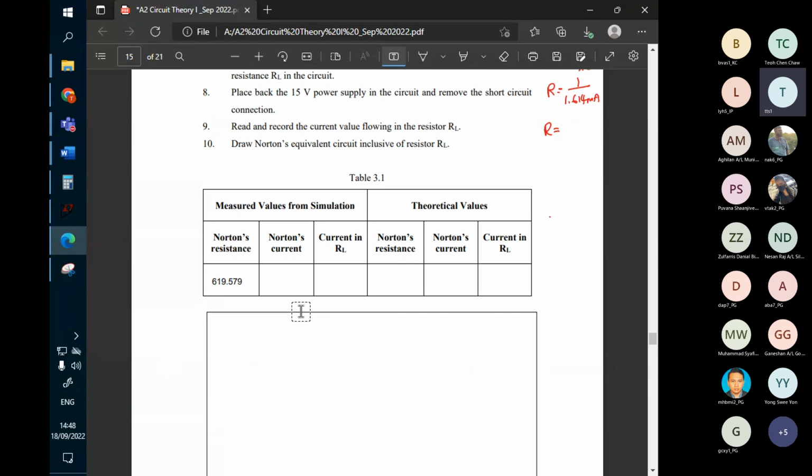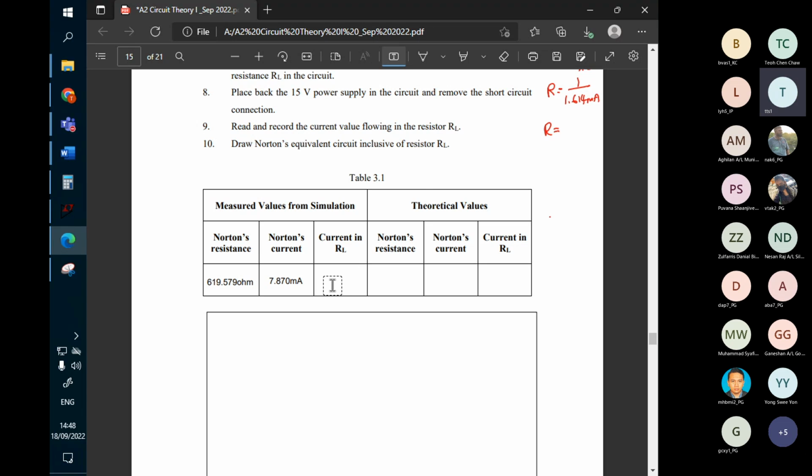Current is 7.870 milliampere, 3 decimal points. Somehow we need to insert the ohm here, but I'm afraid I won't be able to insert this type of ohm here. You can actually align this text in the center.